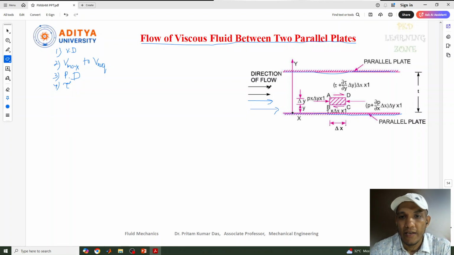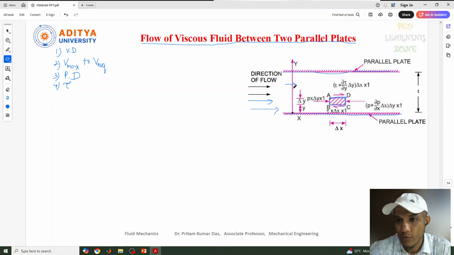So again we have taken the concept of a viscous fluid. There are two plates which are parallel to each other, and a viscous fluid is flowing through them. To derive this concept, we have taken a small element, the ABCD element, and the fluid flows from the left to the right edge.